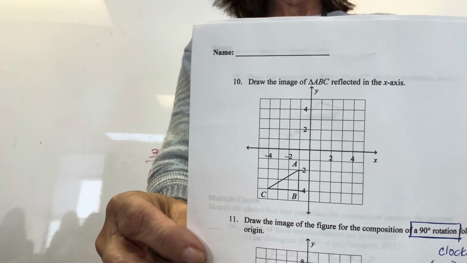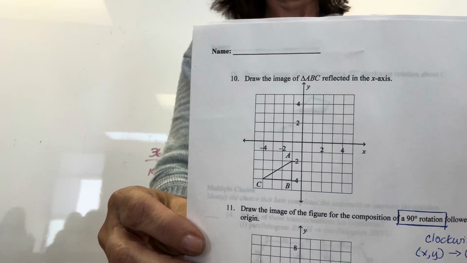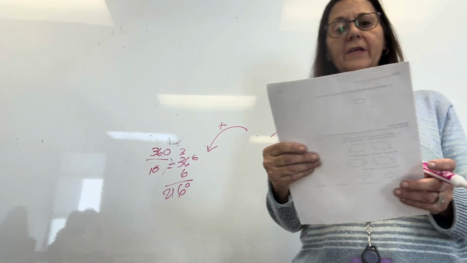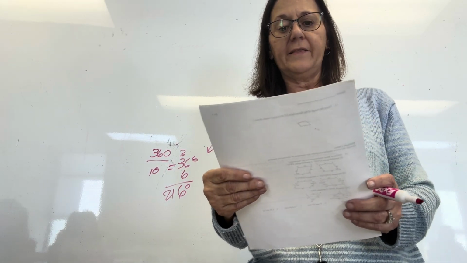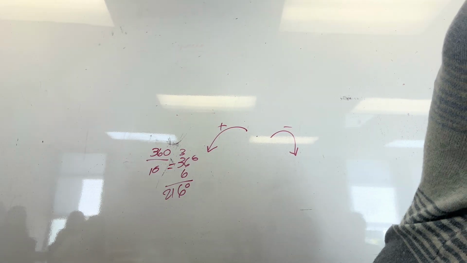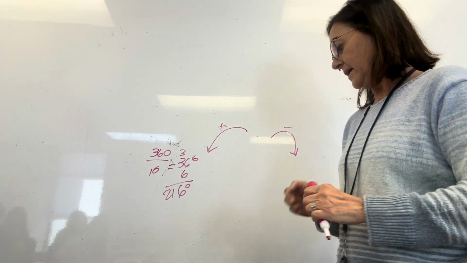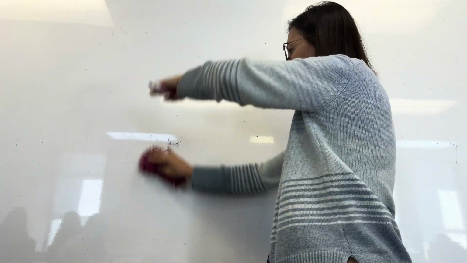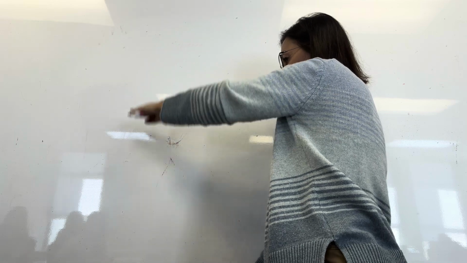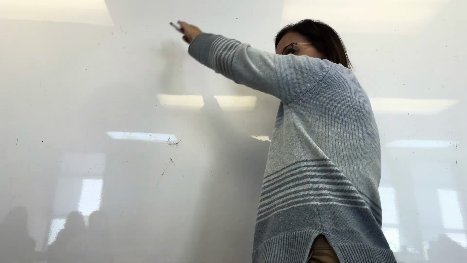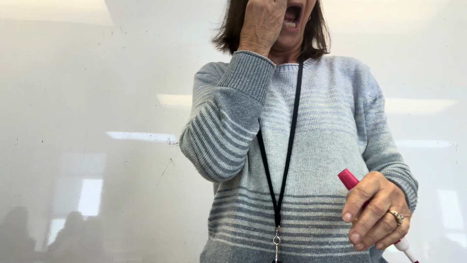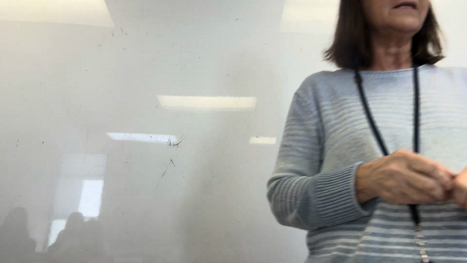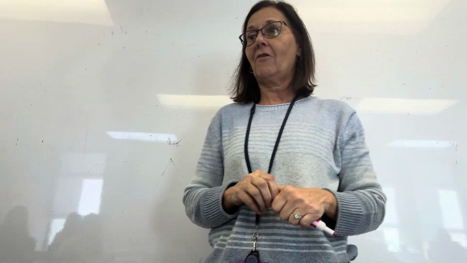All right, here's the next one. It says, draw the image of ABC reflected in the x-axis. So right here, you do it. Reflected across the x-axis. If you reflect it across the x-axis, what kind of reflection is that? It's a vertical. You reflected it across the y-axis. Reflected across the x-axis.